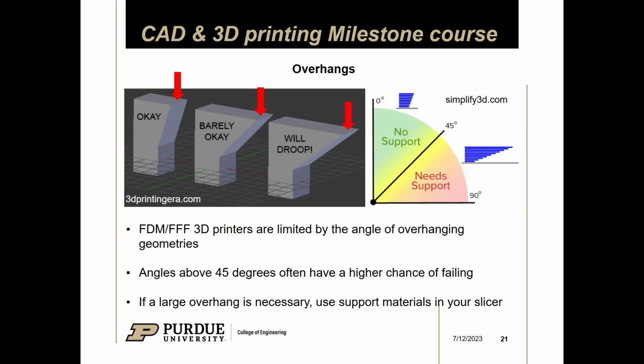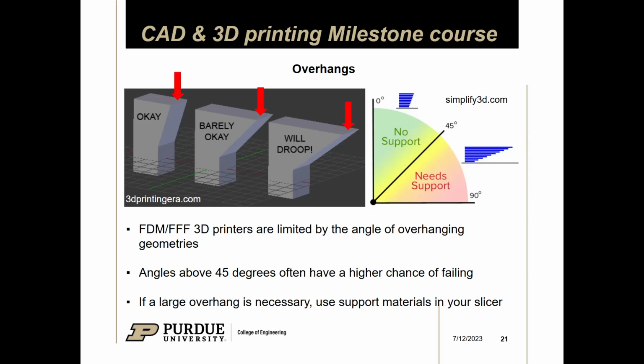The general rule of thumb is don't really have anything over 45 degrees overhanging outwards from the part. So you can see here on the left, it's a very shallow overhang, maybe 20 degrees, 30 degrees. It's not shooting out that much. So your 3D printer typically won't have a problem having an overhang like that.